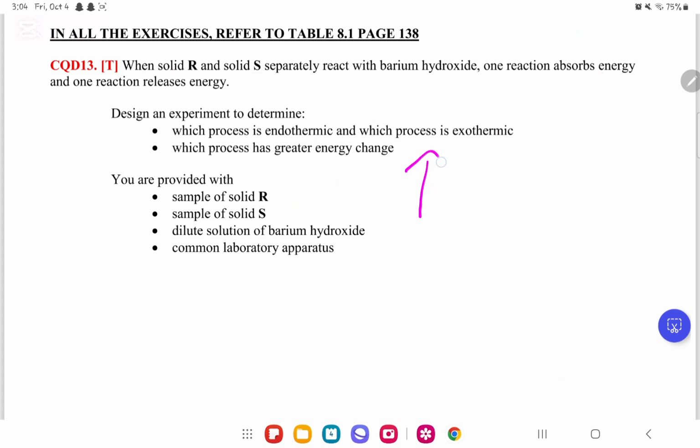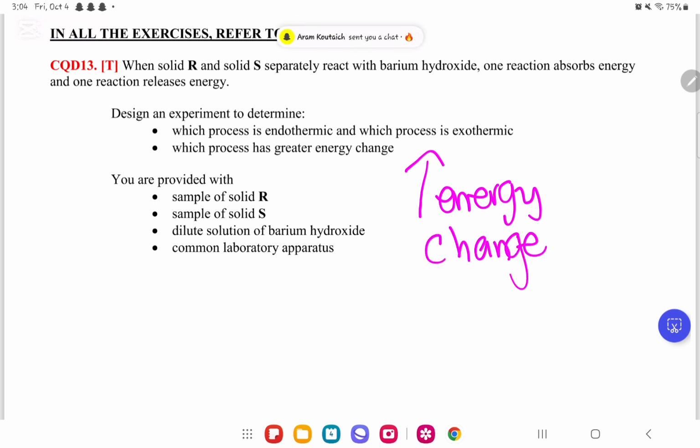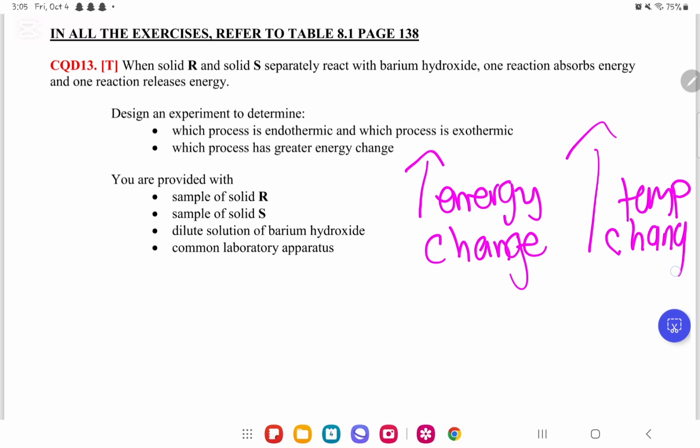After this, we would have known which one is endothermic and which one is exothermic. Definitely, the ones with a higher energy change would have a higher temperature change. Okay? So the greater the energy change, the higher the temperature change.